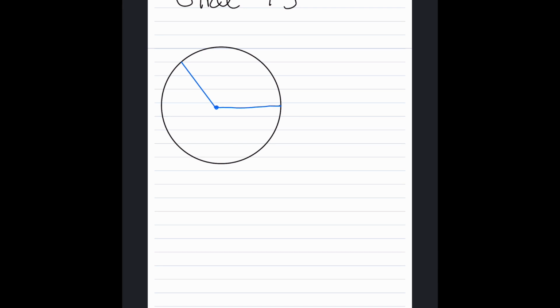Okay, so slide 13. We got a circle again. Another angle here. So this angle is a little bit bigger. Again, I'm drawing this by hand, so if it comes a little sloppy, my bad. But it is on slide 13.